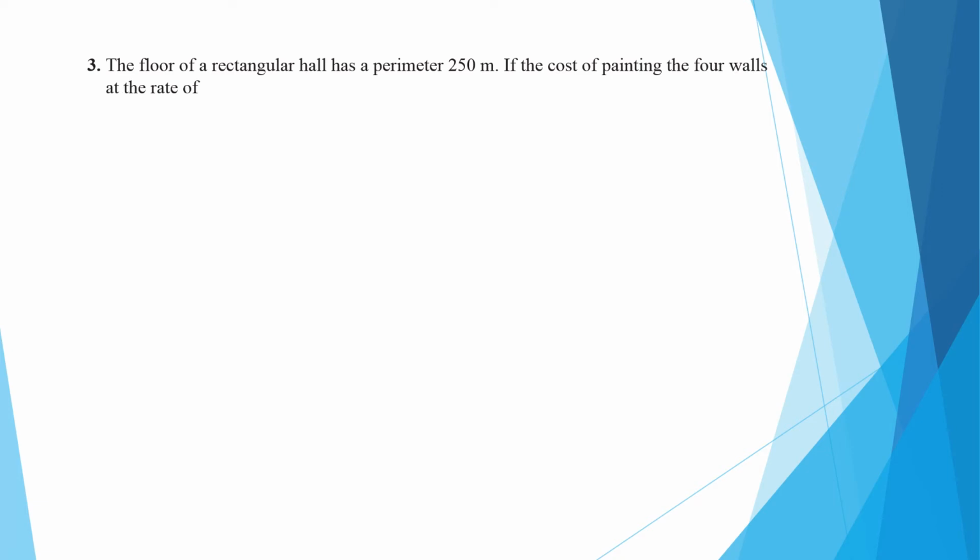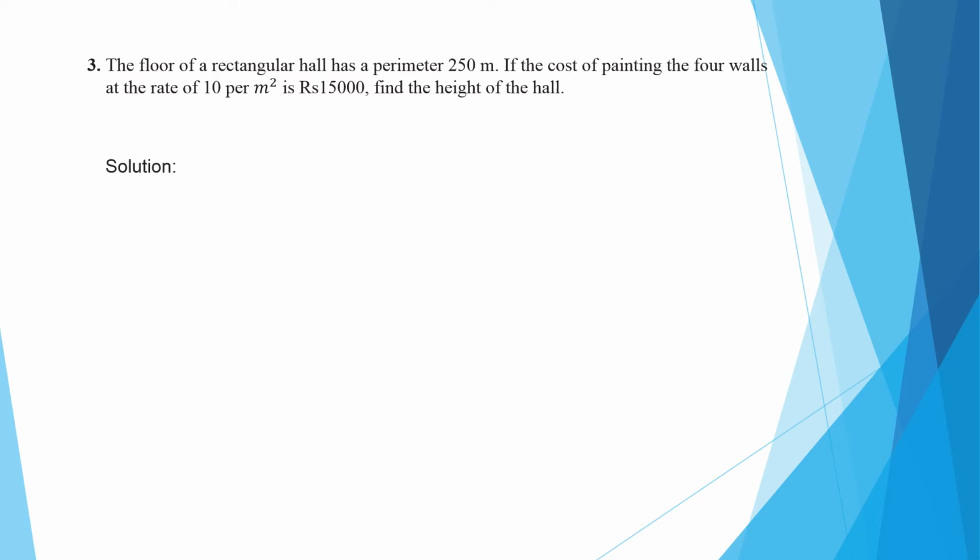Okay. Now you can see the next question that we are going to solve. Let's see the floor of a rectangular hall. One floor is there of a rectangular hall whose perimeter is given 250 meter. If the cost of painting the 4 walls at the rate of rupees 10 per meter square is rupees 15,000, find the height of the wall.